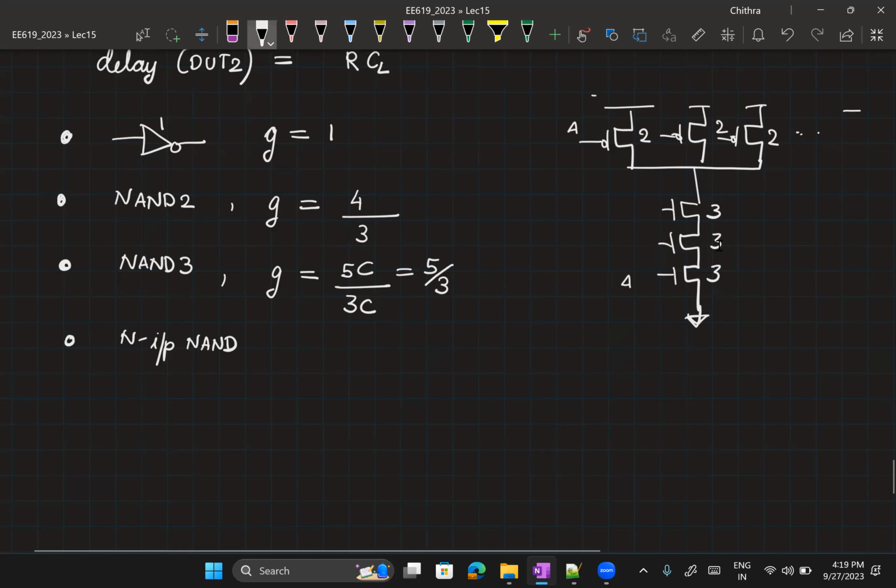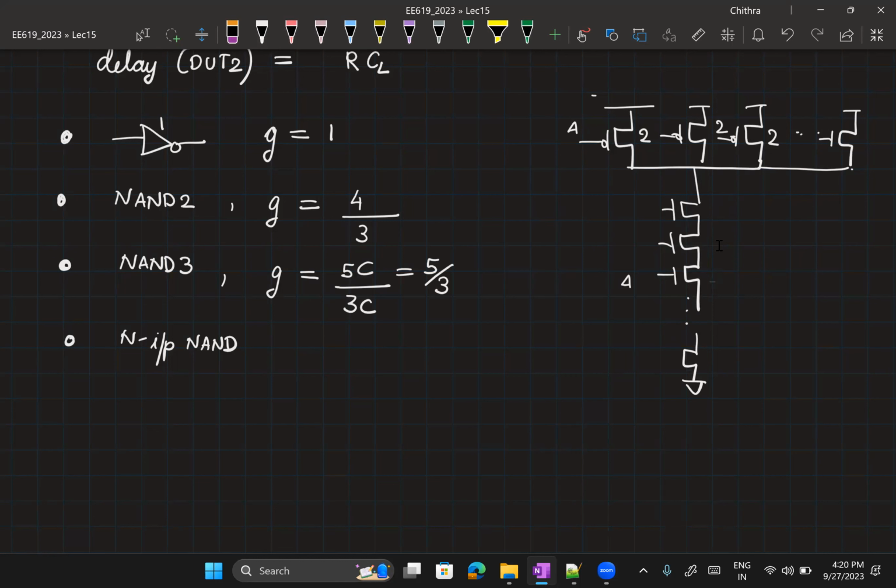So you will have N stages here. N PMOS in the PUN, and you will have N NMOSes here. So what is the size? These are sized at N. So if I look at the capacitance of a given input, how much is that?